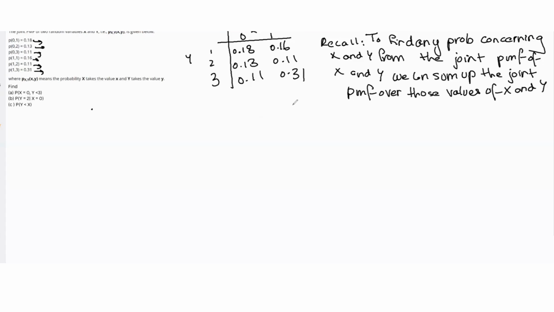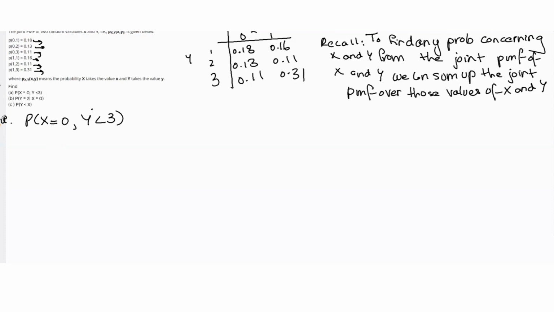So whenever we want to answer any probability question using the joint PMF, we can just sum up the joint PMF over those values of x and y. The first part asks us to find the probability x is 0 and y is less than 3.